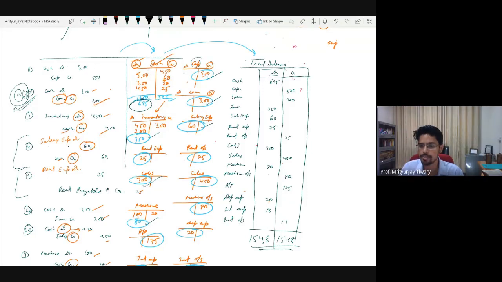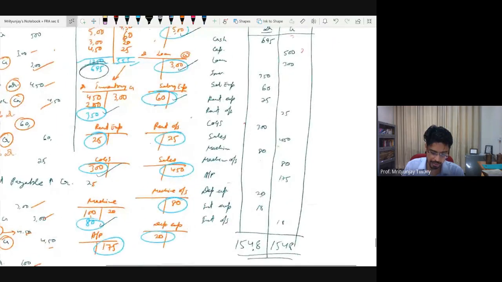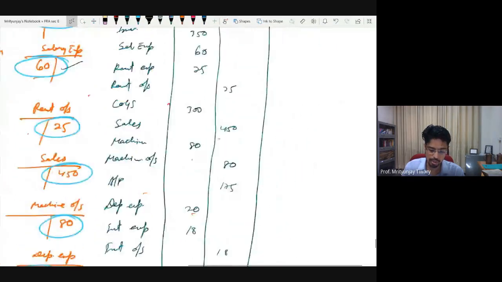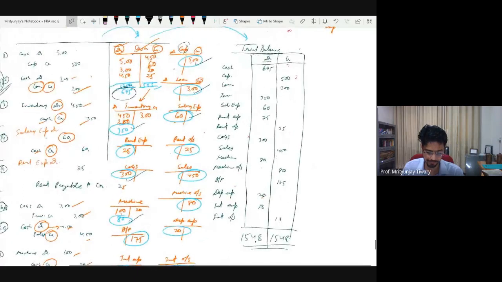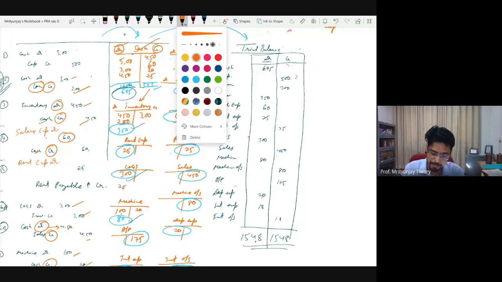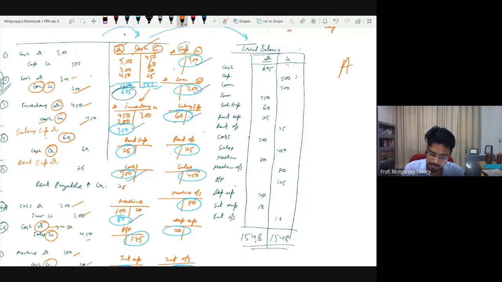Now that's it. This is your step number 4. We are good to go and prepare the income statement and balance sheet from this. Now you will see how easy it becomes to prepare the income statement and balance sheet once you have the trial balance in front of you. All that you need to do is go to each item one by one and decide the classification once again. So you remember, we said asset, liability, income, and expense.